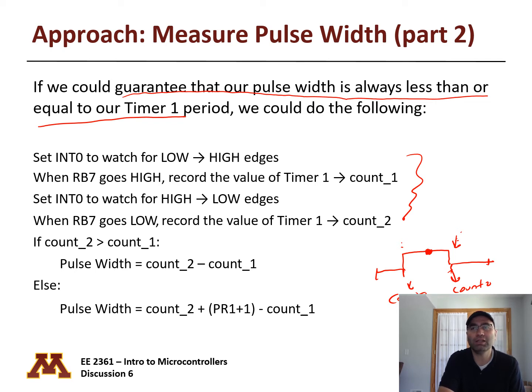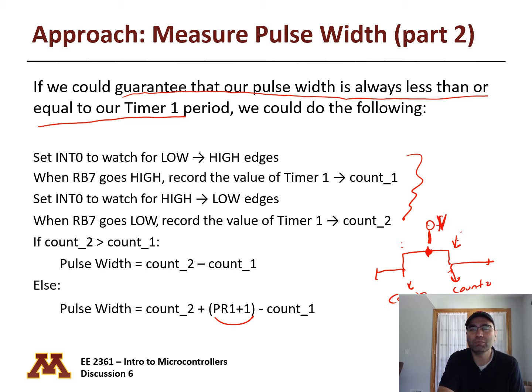So in that case, what you do is, again, I kind of explained this in another discussion. If overflow happened here, what's the overflow value when it overflows? PR1 plus 1, right? This is where overflow happens, OV.